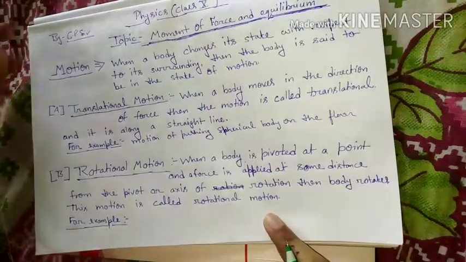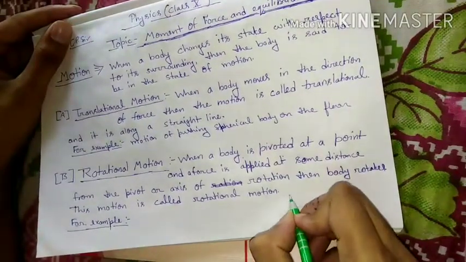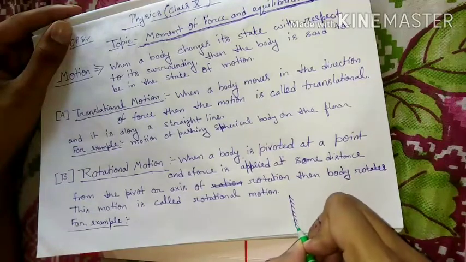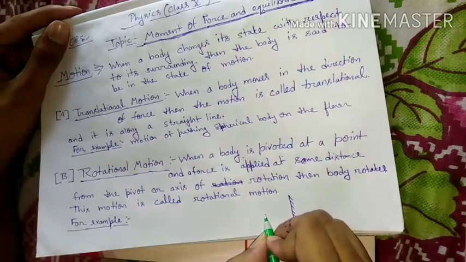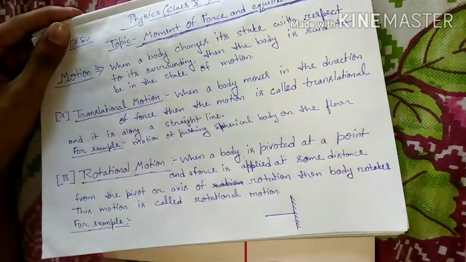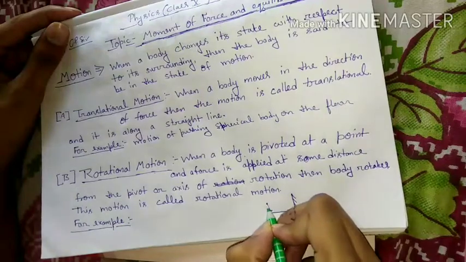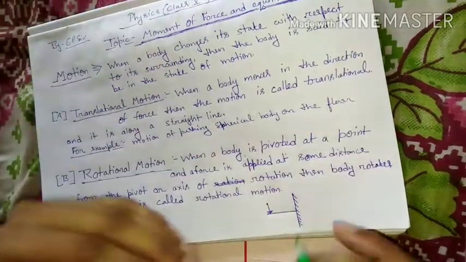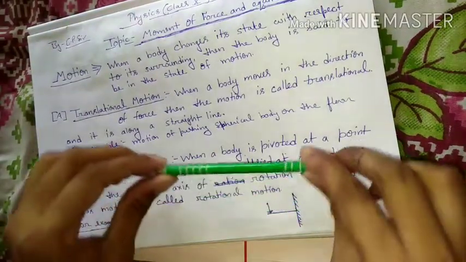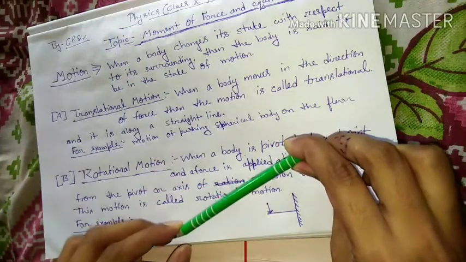This motion is called rotational motion. For example, students, suppose we have a cemented wall and we are fixing an iron nail like this. If we apply a force on it vertically, then it will try to rotate in the anti-clockwise direction.